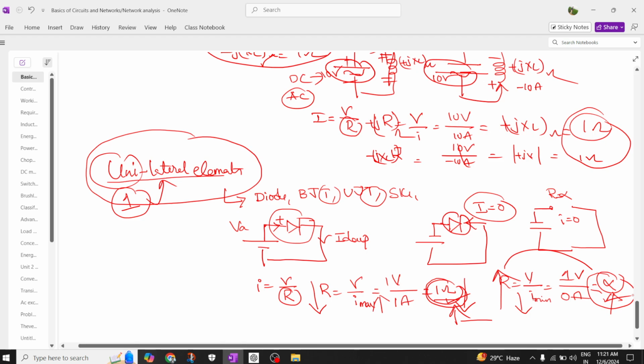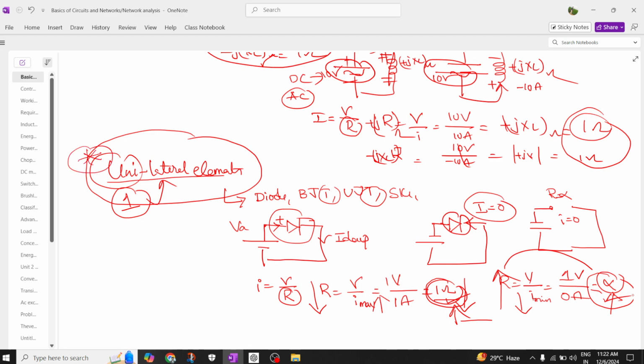I can say in forward bias resistance is very low, in reverse bias resistance offered is high. We have different variations of resistance, therefore these kinds of elements which have this behavior are called unilateral elements. The examples are all electronic devices: diode, BJT, MOSFET, triac, diac, and all the transistor family exhibit this unilateral behavior.